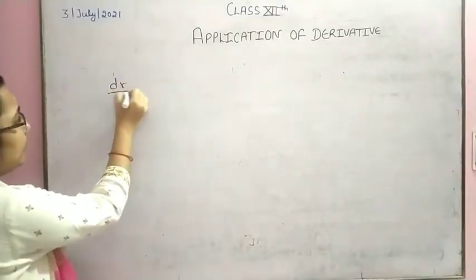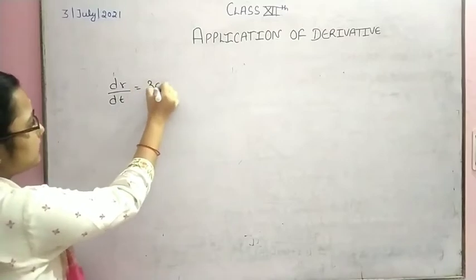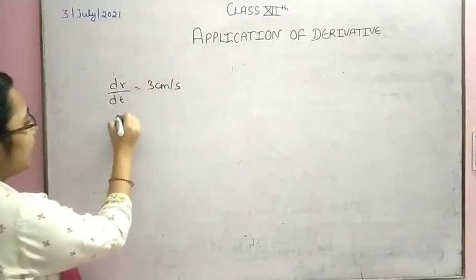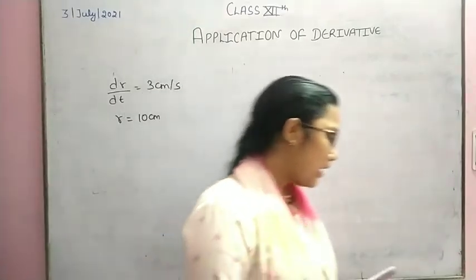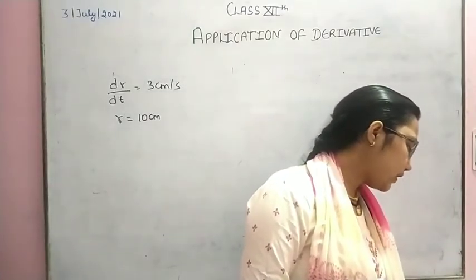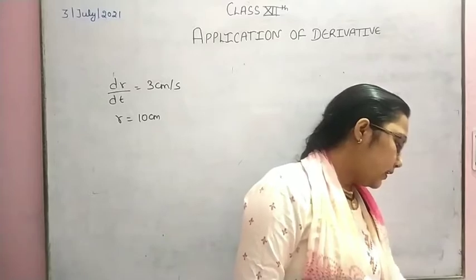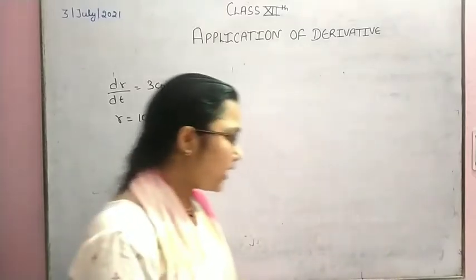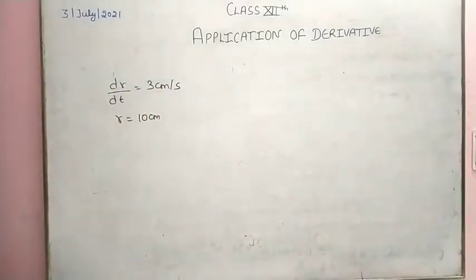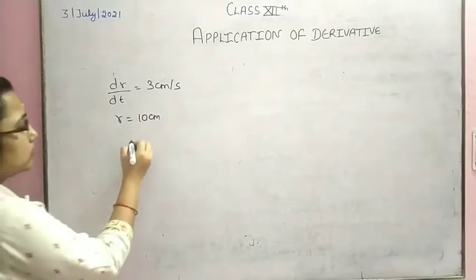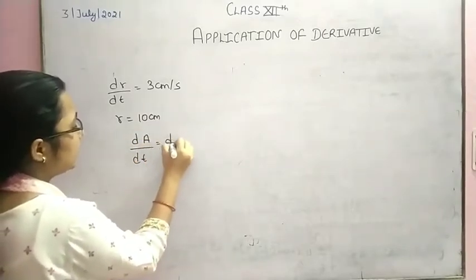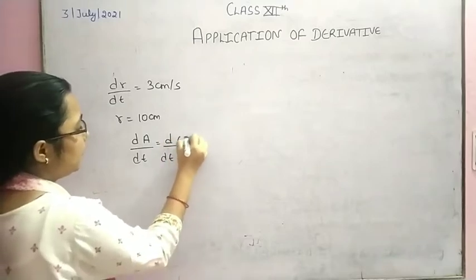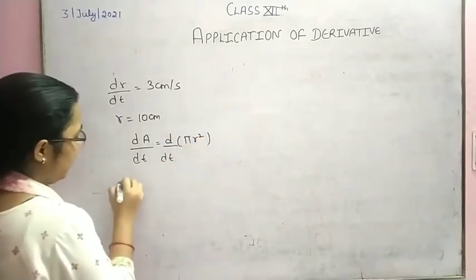So dr by dt is given to you as 3 centimeter per second, and the radius is 10 centimeter. We have to find the rate at which the area of the circle is increasing, so that means dA by dt. We know that the area of a circle is pi r square.